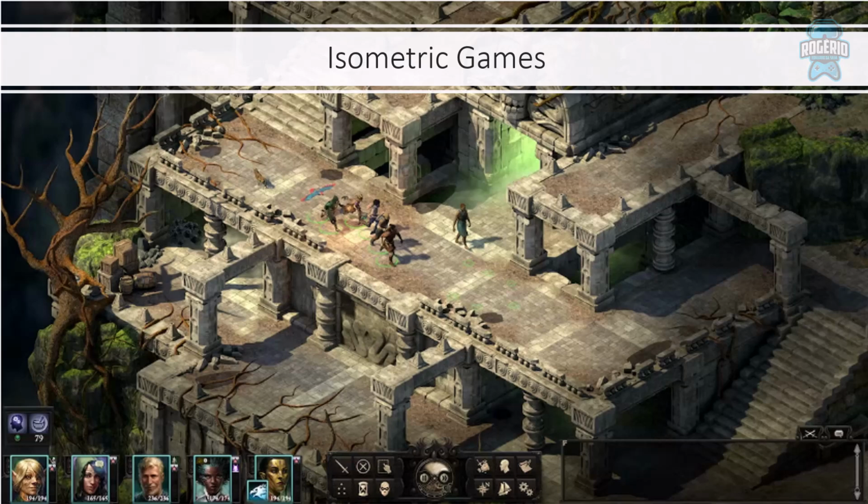A slight variation of that is what we call isometric games. The principle is basically the same. We still have a 2D matrix of tiles. The only difference is that the tiles are now designed in a way that they look isometric, which means they look like they're viewed from a 60 degree angle. So we have this view that looks like the game is in 3D.